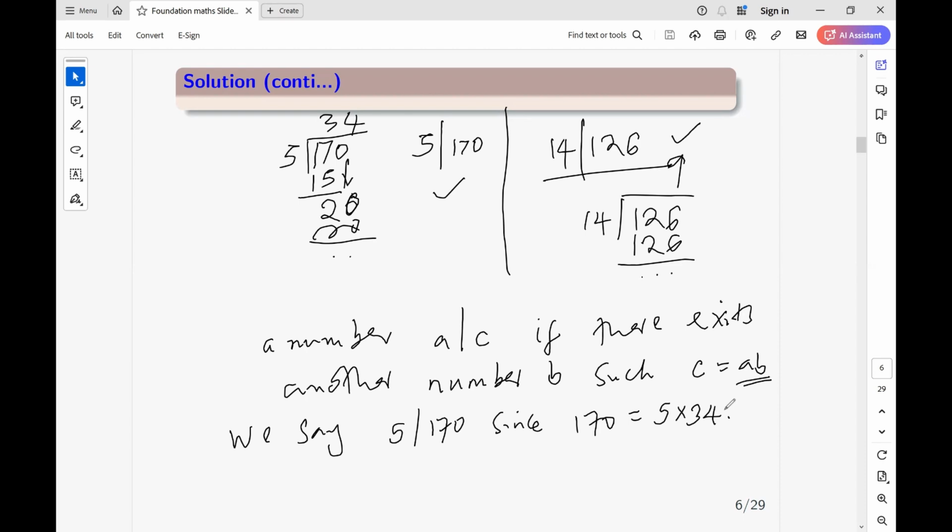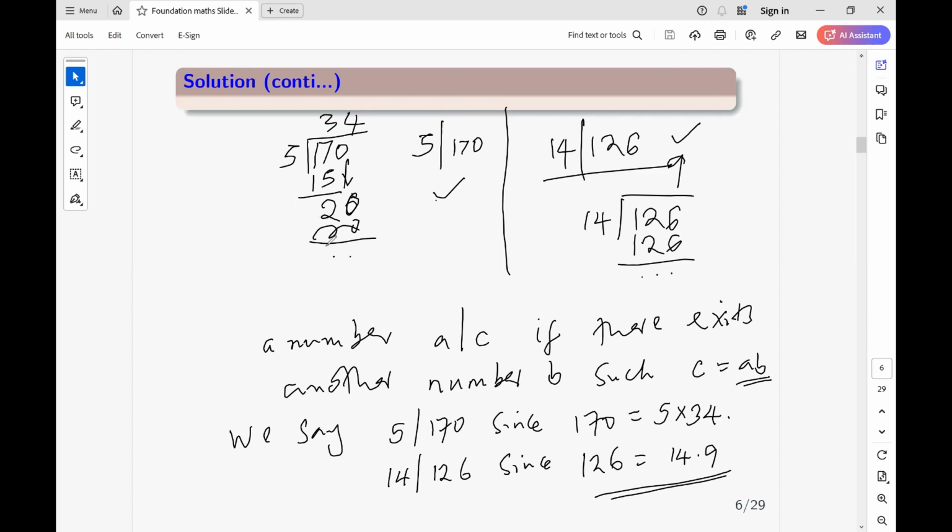And in the second part, we also say that 14 divides 126, since we can find some number 9 such that this 126 can be written as 14 times 9. So this is how we also show it, by using the definition of divisibility.